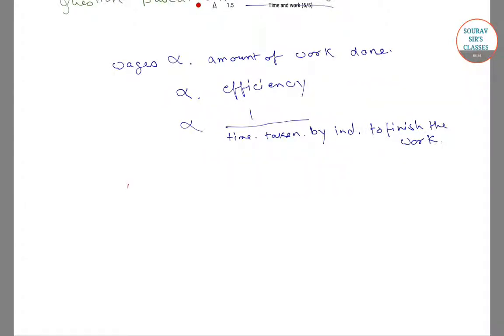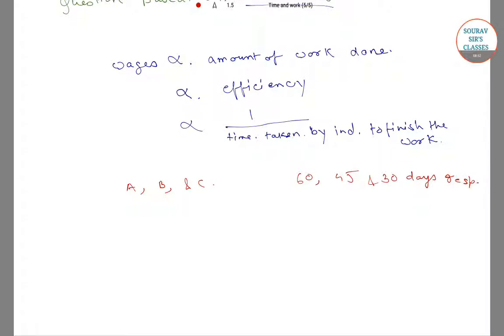Now suppose A, B and C can finish the work in 60, 45 and 30 days respectively.